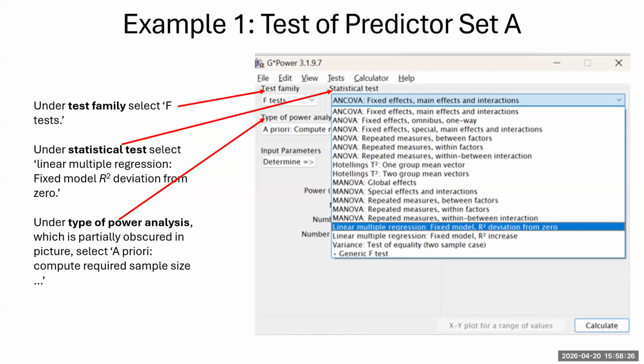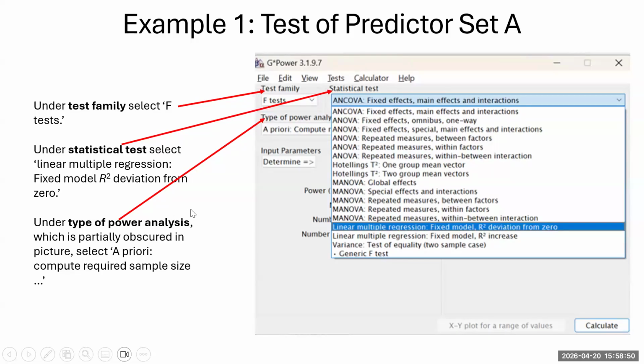Now, on this slide, I show the basic GPower setup. So we're going to make 3 selections to get started. Under test family, we're going to select F tests. Under statistical test, we're going to select the highlighted option, which is linear multiple regression, fixed model, r squared deviation from 0.